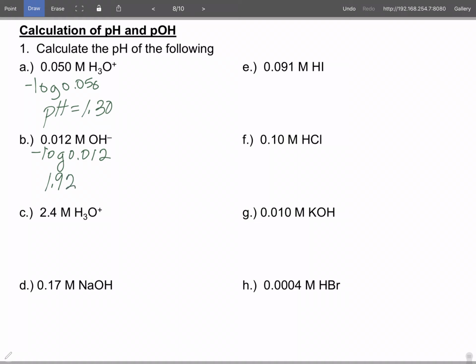Is that the pH? Nope. It's the pOH. We know it's the pOH because this is hydroxide. That means if we want to find the pH, we subtract that from 14. So our pH is 12.08, while our pOH is 1.92.